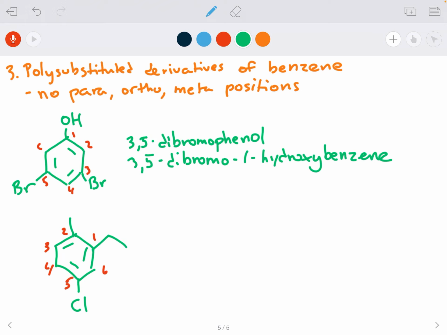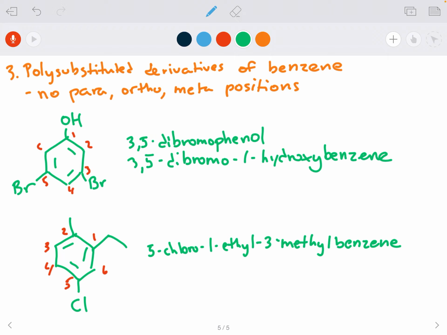So it would be in alphabetical order 5-chloro-1-ethyl-3-methylbenzene, since I have to put the substituents in alphabetical order when I name it. So that is how you go about naming these benzene aromatic derivatives.